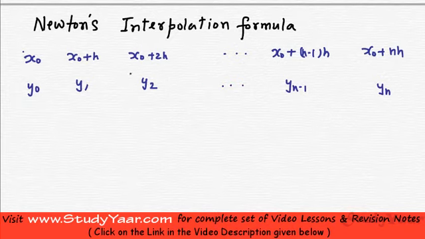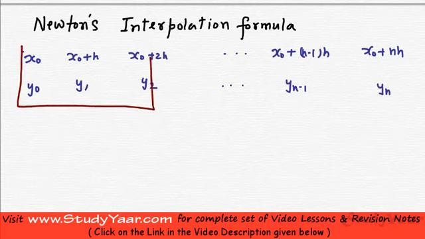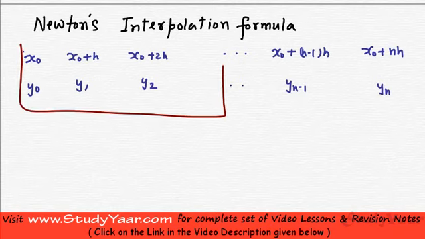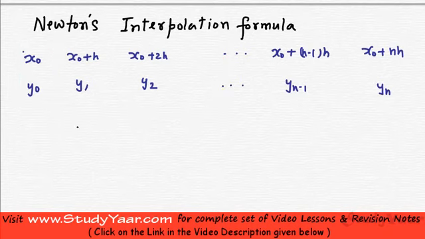Let's see how. Let's just say that you want to interpolate a value which is nearer to the first given value. It's nearer to x0, y0, so it could be somewhere around over here, or it could be somewhere around over here. When that is the scenario, let's say that the value that you want to interpolate is at x equal to x0 plus ph.